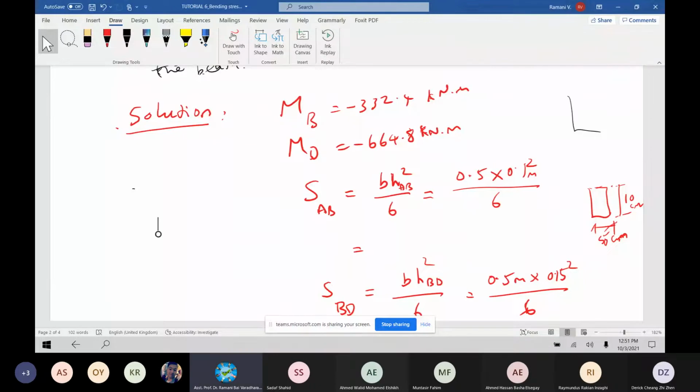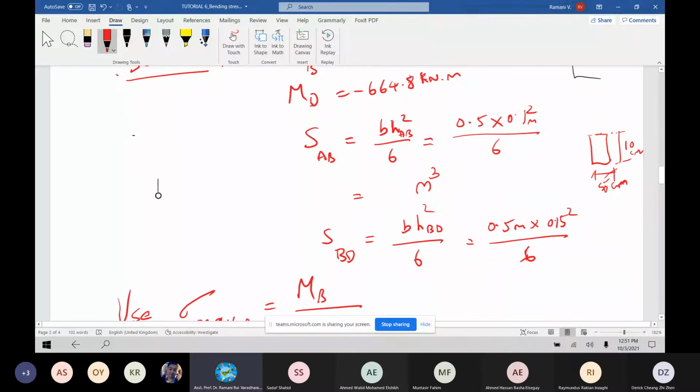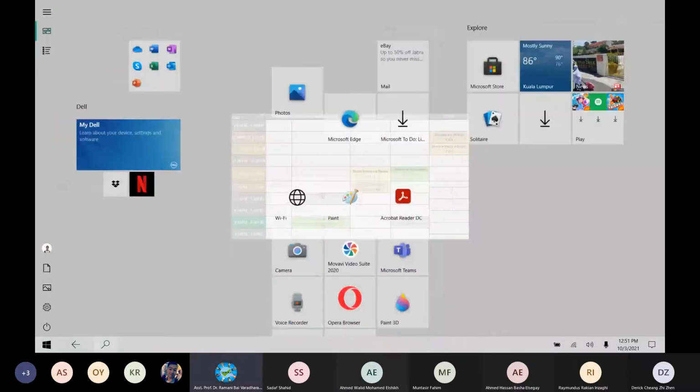The answer should be in meter cube. How much is it? Quickly. We have to cover the syllabus. Today I'll come up with some drawings automatically so that I don't waste time in the class. How much is the sectional modulus? Anyone? Are you working it out? Can you switch on the camera and do it?